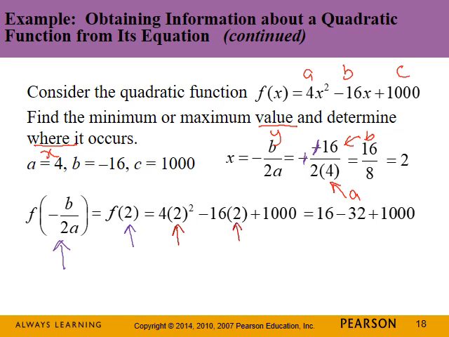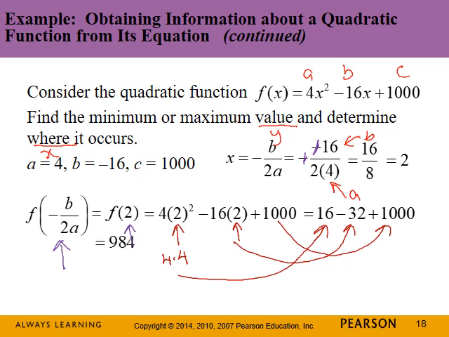We are going to square the 2 first. 2 squared is 4, and 4 times 4 is 16, which we have right here. Negative 16 times 2 gives me a negative 32, and of course the 1000 just stays here. And you evaluate that, your final answer will be 984.